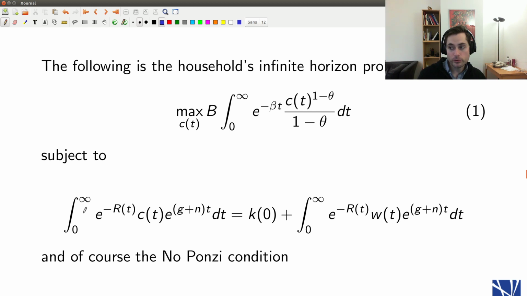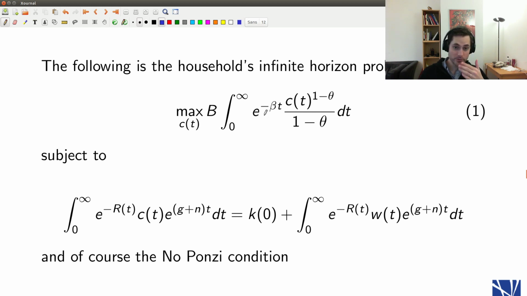Since there are no stochastic shocks, the household can optimally plan its whole path of consumption perfectly. So there's no reason that we need to write a period by period budget constraint. We can just write everything at time 0 and then let the household plan optimally. Same is true here for utility.